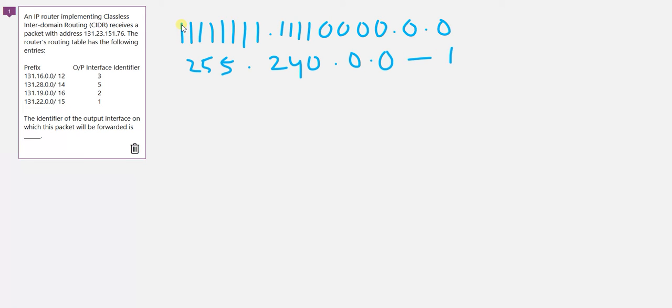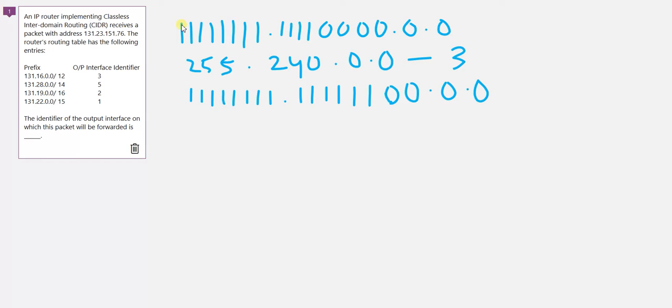The subnet mask for interface 5 has 14 ones in the network ID part: 1 2 3 4 5 6 7 8 dot 1 2 3 4 5 6, then zeros. This equals 255.252.0.0.